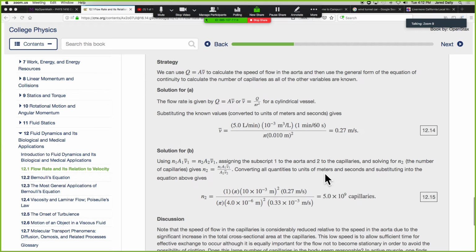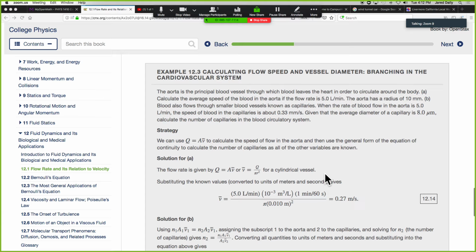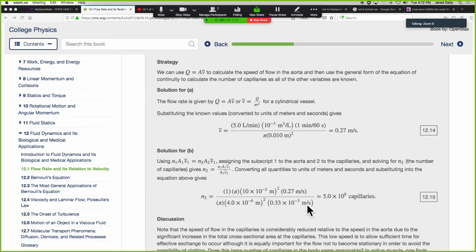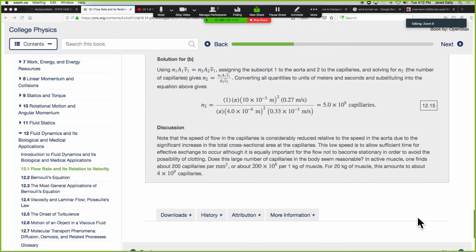It's kind of insane. Notice that this is not a huge change. It goes from 0.27 meters per second to 0.33 millimeters per second, which is a change of about 1,000. But we have billions of those capillaries, right? So that accounts for that change not being as big as it might be.